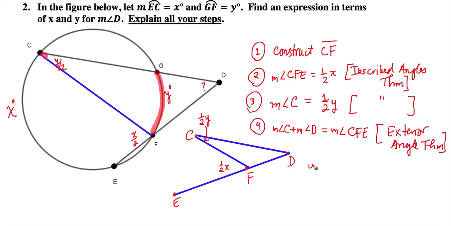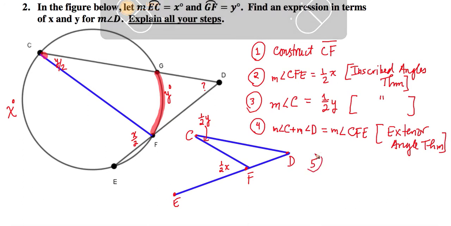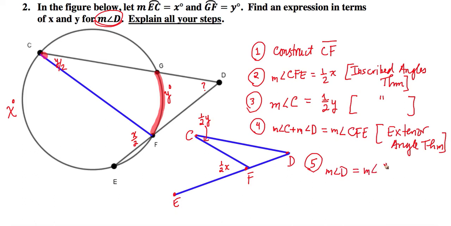And so in my last step, step 5, I'm going to rearrange this a little bit because we want to figure out what's the measure of angle D. So the measure of angle D is equal to the measure of angle CFE minus the measure of angle C. And then we can make our substitution here. CFE is 1/2 x minus angle C is 1/2 y.